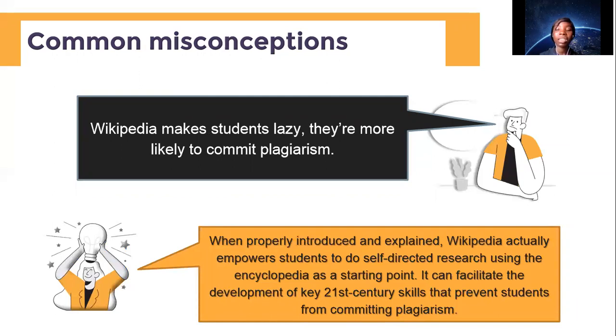It can facilitate the development of key 21st century skills that prevent students from committing plagiarism. If a student knows the importance of referencing and citation, I do not think such a student will want to commit plagiarism. And if you take them through the policies and procedures that people carry out in order to create a Wikipedia article, I believe plagiarism would not be a problem to them.